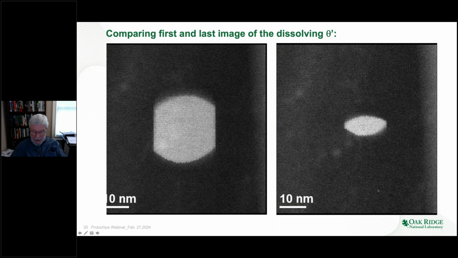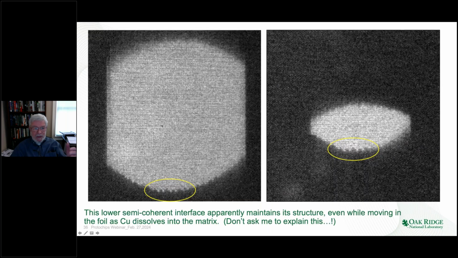The interesting thing about this interface, this is just blown up, so you're seeing the pixelation in the 512 by 512 images, but you can tell this is the same kind of structure, so the interface moves through, but it's very stable. It keeps its structure. Pretty sure that this atom column is not the same as this atom column.